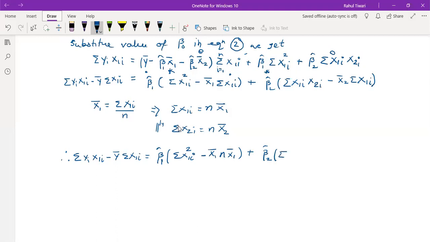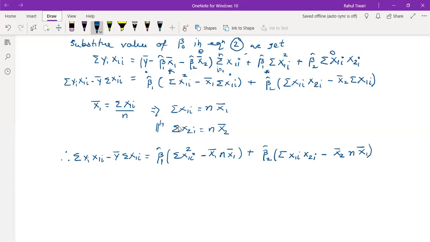Summation x1 bar x2i minus x2 bar, and this quantity will be replaced by n into x1 bar.